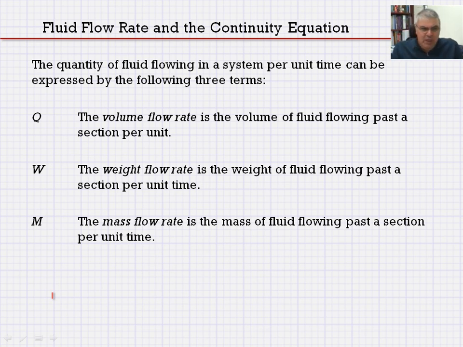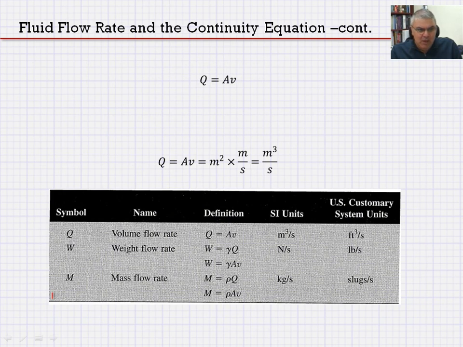So volume, weight, and mass can be measured at a particular cross-section of a system that contains a flowing fluid. How do we measure those?